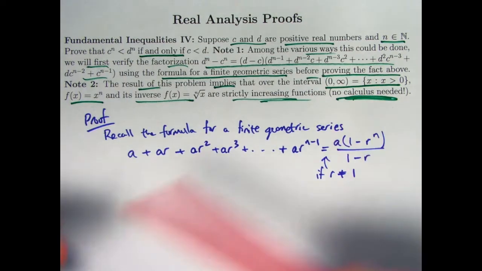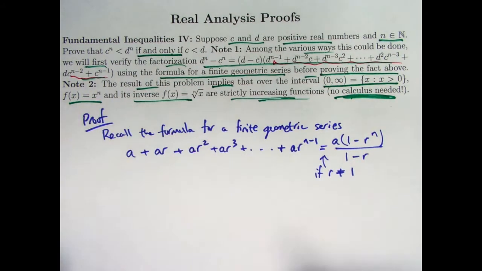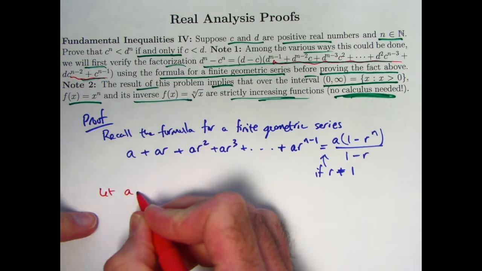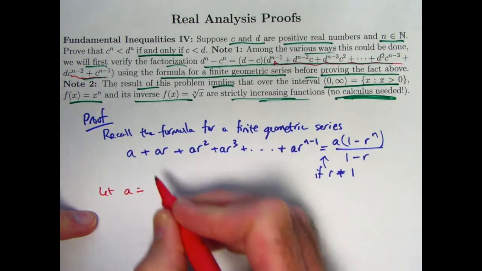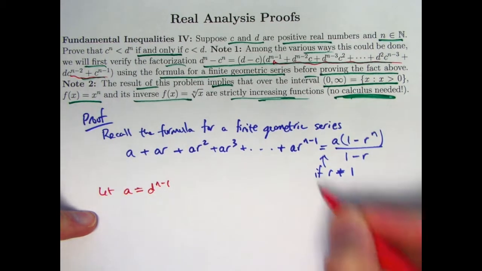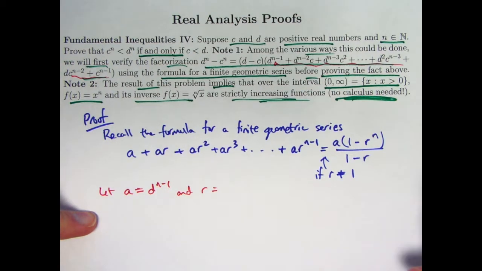How am I going to use this? I'm going to focus on this part of the formula here and recognize that that is actually a finite geometric series. If I let a equal the first term of that sum, which is d to the n minus 1 power, and then let r equal what would be the common ratio.